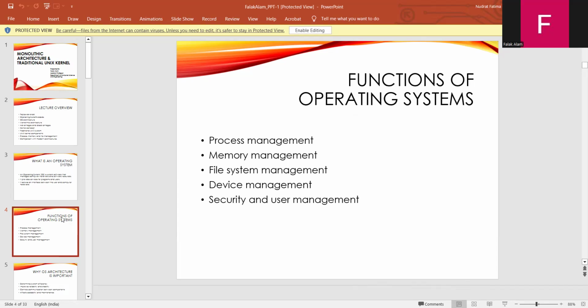The additional devices that are added into the system fall in this category, and the operating system manages these devices accordingly so that hardware communication is smooth.